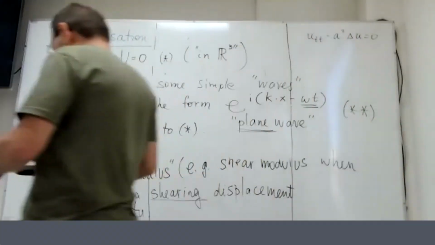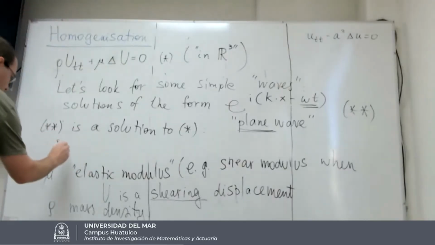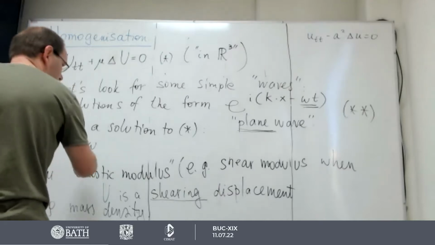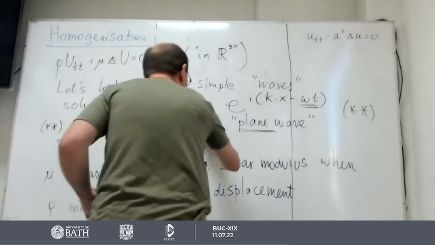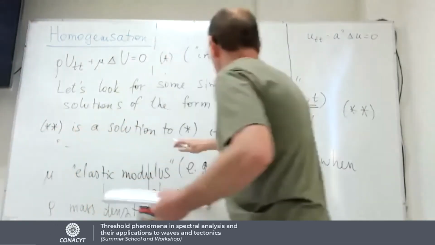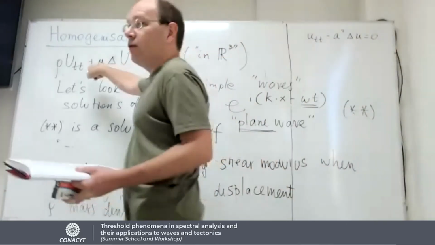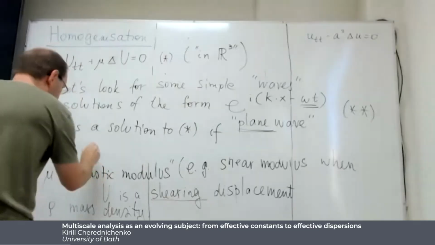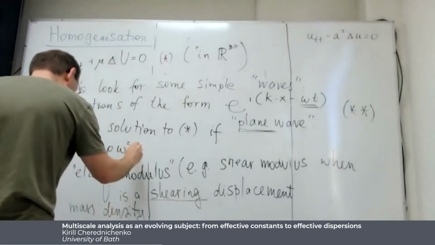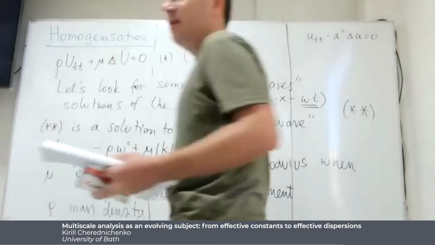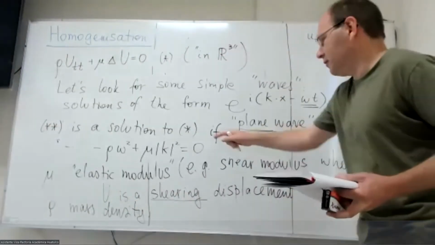You would see that this expression is a solution to this equation if and only if minus rho omega squared plus mu modulus of k squared equals 0.